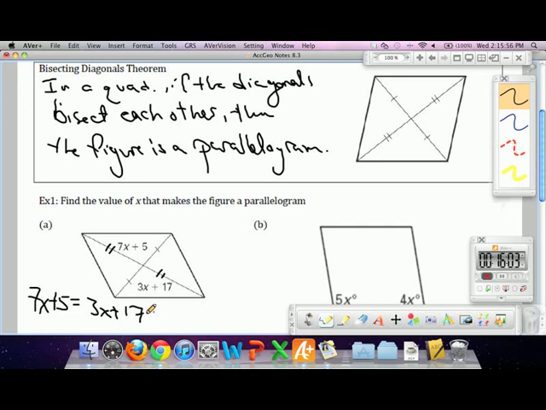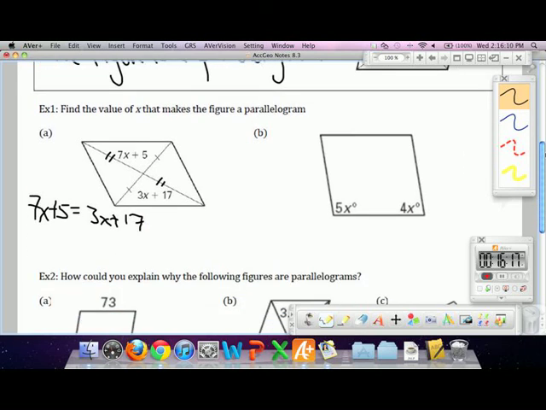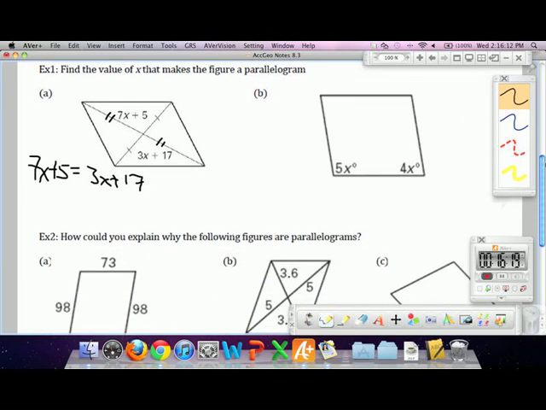When you pick the x that makes this true, then this figure is forced to be a parallelogram because the diagonals will bisect each other. 4x is 12, x is 3. If you choose x to be 3, then this becomes a parallelogram.